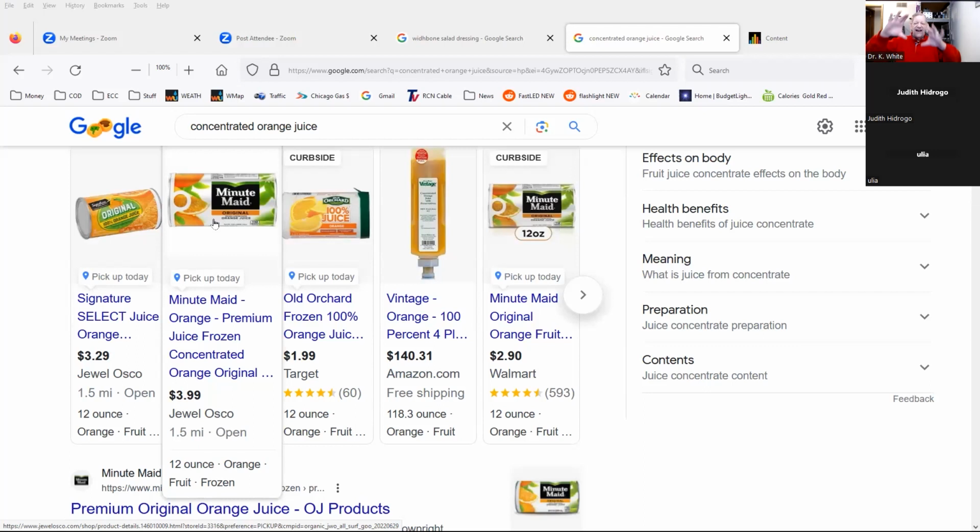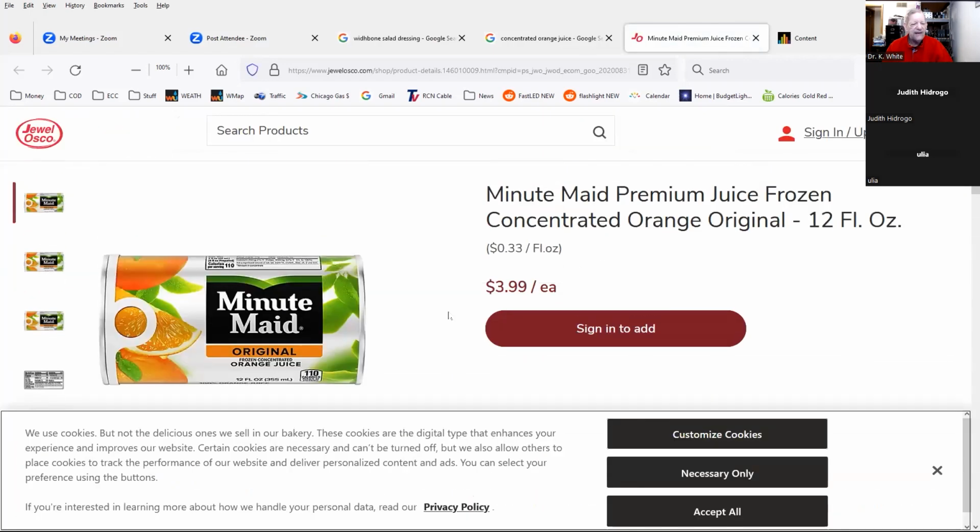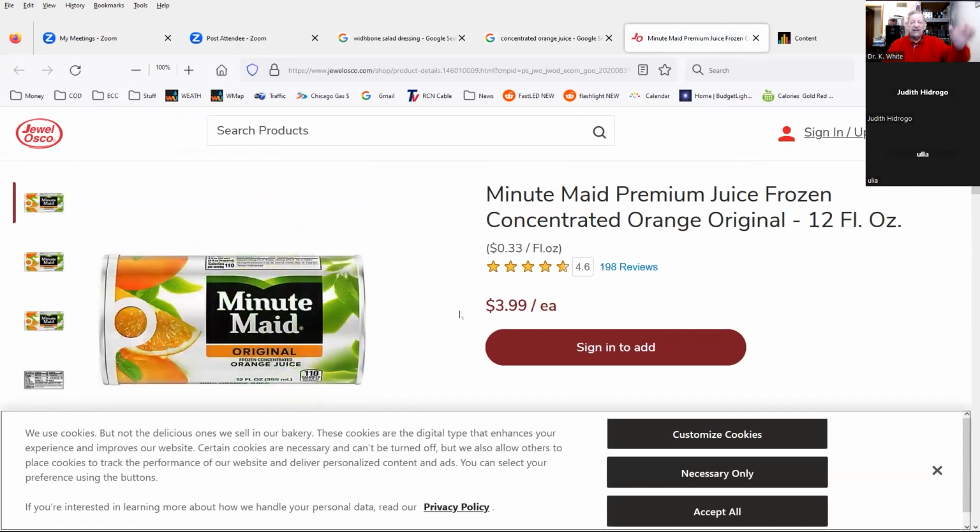This is a can that's frozen, with some water, but most of the material is the juice of oranges. They've taken out a lot of the water. What you do to make this, if I still remember, it's been decades, is put one of these cans in a pitcher, and then you put 3 cans of water. What you're doing is diluting it, making a more dilute solution from the concentrate.